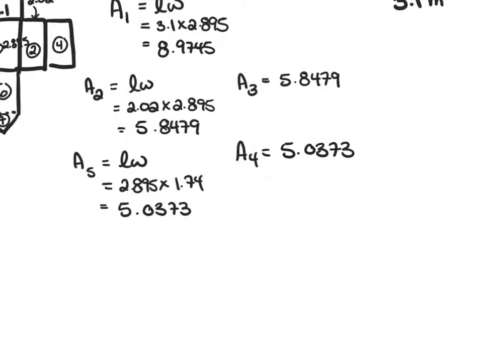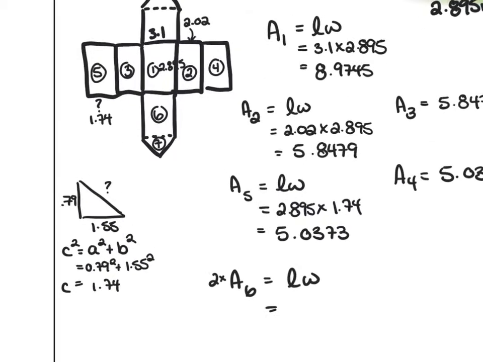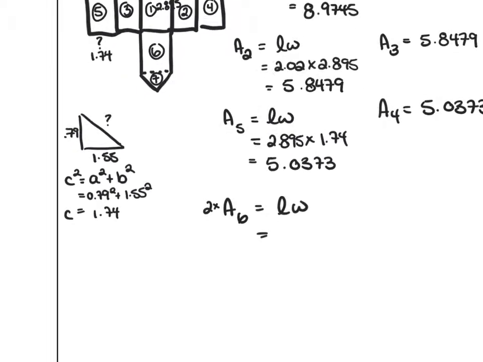And the last thing to do is find out area 6 and 7. And we have 2 that are the same as area 6 and 2 the same as area 7. So again, it's just a rectangle for area 6, which is 2.02 times 3.1.